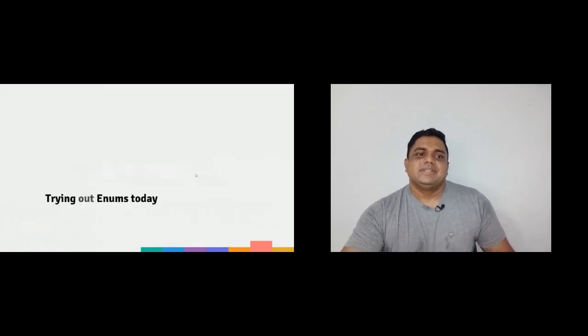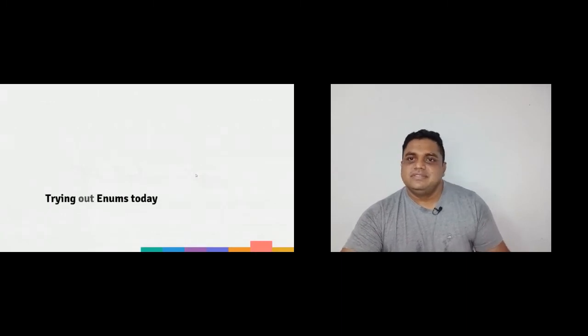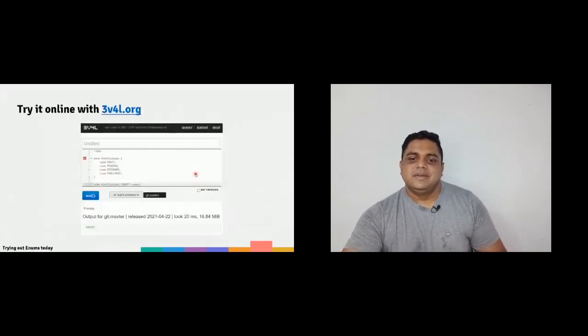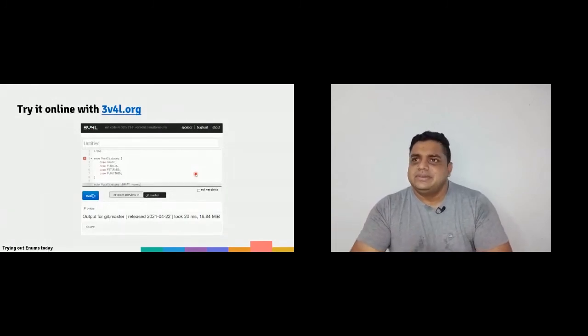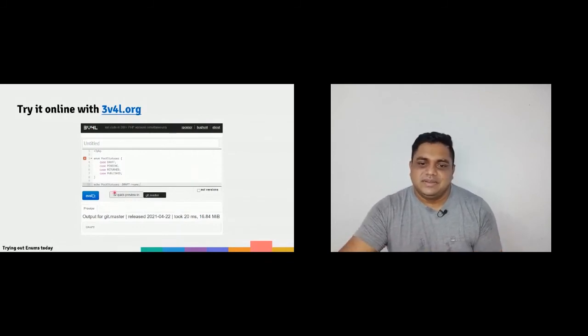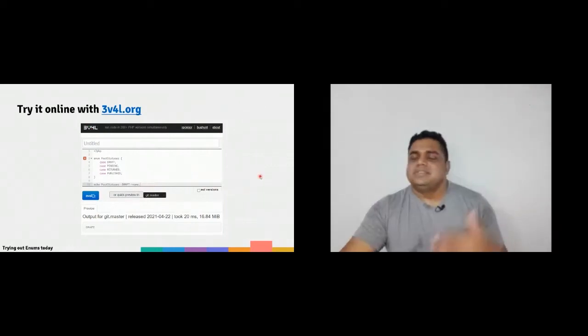Let's take a look at how we can try enums today. 3v4l.org is very helpful. You can just type all of the enum code that you want to try out and click quick preview. It will run the latest PHP builds that already support enums.